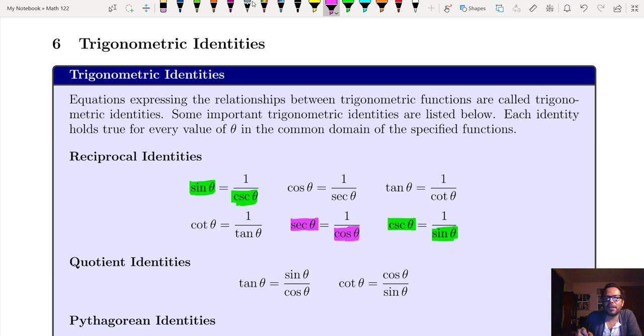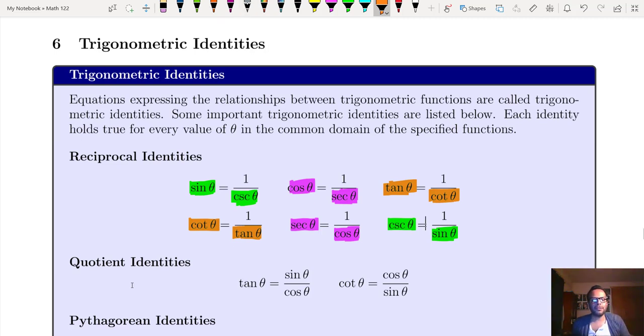So we could say that cosine, its reciprocal, is secant. We also saw that cotangent is the reciprocal of tangent. So tangent is then the reciprocal of cotangent, right?